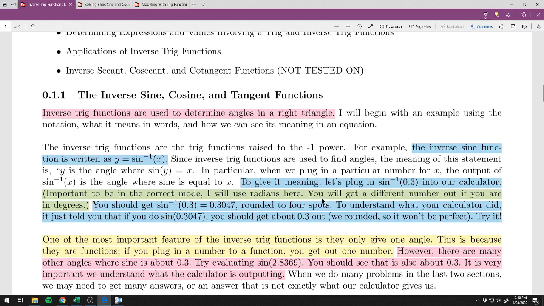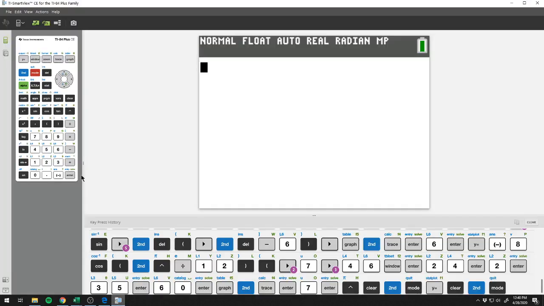So what I want to do is start by giving this some meaning. One thing I will say is most of the time you want to be in radians, because the inverse trig functions spit out an angle.